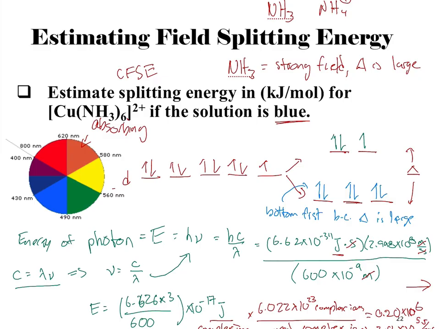So this compound was blue, so we're in the orange region. If it was a blue-purple, we'd be reflecting in the yellow region. So the only thing that changes in any of these problems is just the wavelength that you're looking at.